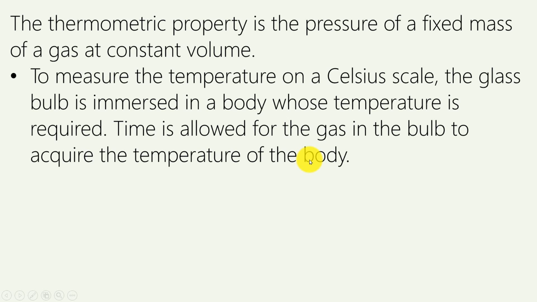There are disadvantages, as we shall see later, because a constant volume gas thermometer requires that you can immerse the whole bulb in the body. So preferably for liquids and gases, it's easy. Time is allowed for the gas in the bulb to acquire the temperature of the body.